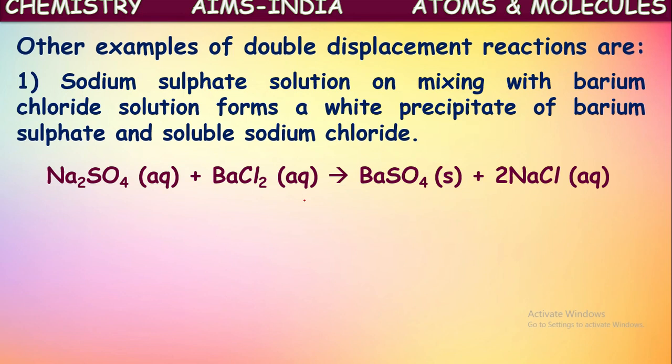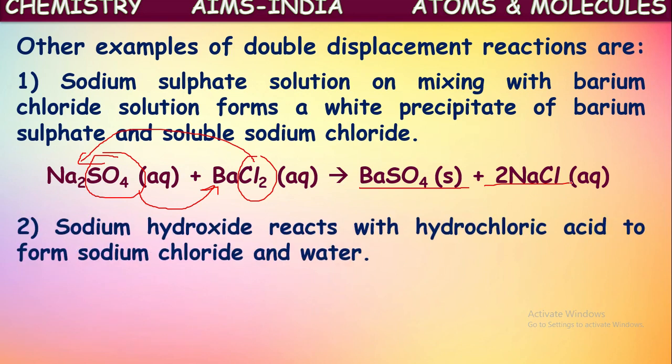So when these two substances are mixed, they form a white insoluble solid substance called barium sulfate. So here what happened? The sulfate combines with barium forming barium sulfate. The chlorine combines with sodium forming sodium chloride. What's happening here? Mutual exchange between the molecules is happening. So we can say this is a double displacement reaction.